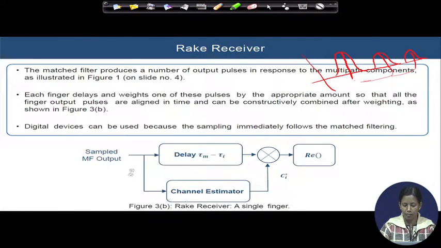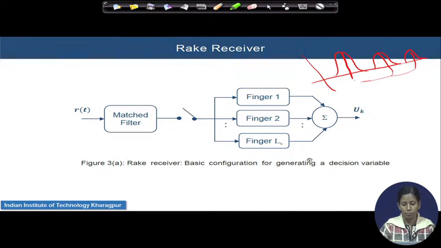Inside one finger we have a correlator. The sampled matched filter output enters a finger and is delayed by a specific amount. That delay will be the delay of the corresponding multipath, and then you have a channel estimator running with it. So, you need to multiply the CI with the delayed path to undo the effect of the channel on this multipath component, and then you take the real part of it. So, that is the motivation.